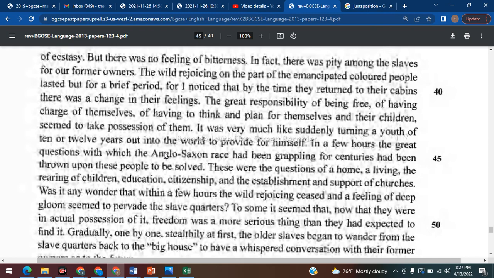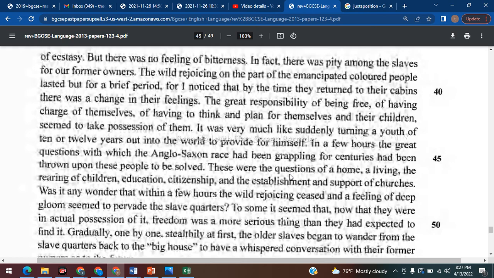And they say certain questions that had to be solved were the questions of a home. So these questions were of a home, a living, the rearing of children, education, citizenship, and the establishment and support of churches. So we see this is a type of alliteration whereby it's a list of different compounding complexities, right?